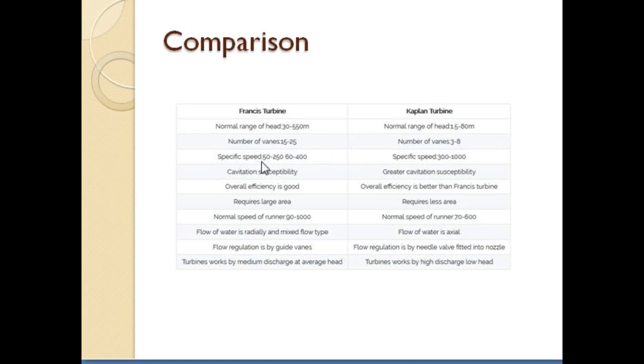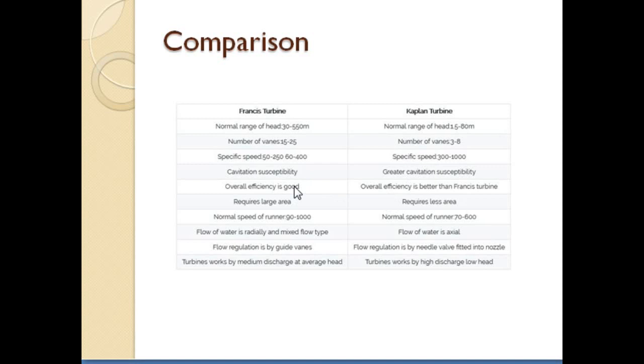Specific speed of the Francis turbine ranges from 50 to 250 or 60 to 400, but the Kaplan turbine has higher specific speeds, 300 to 1000. The Francis turbine has cavitation susceptibility. The Kaplan turbine also has greater cavitation susceptibility.